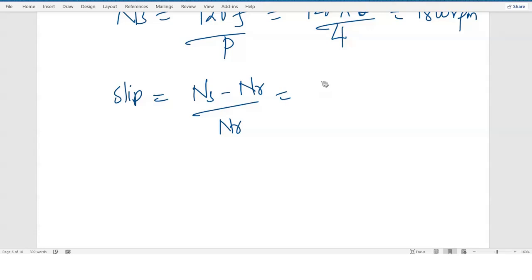So this is 1800 minus 1760, divided by 1800.